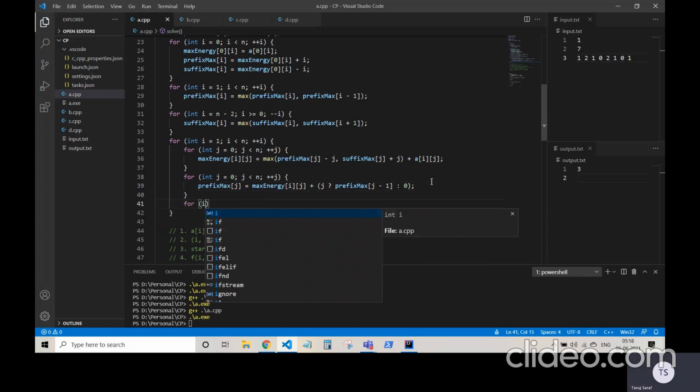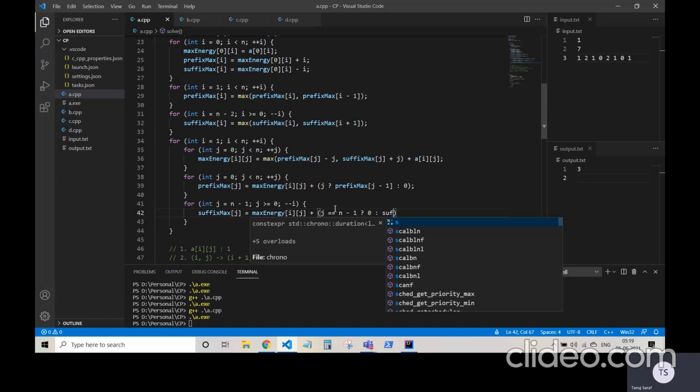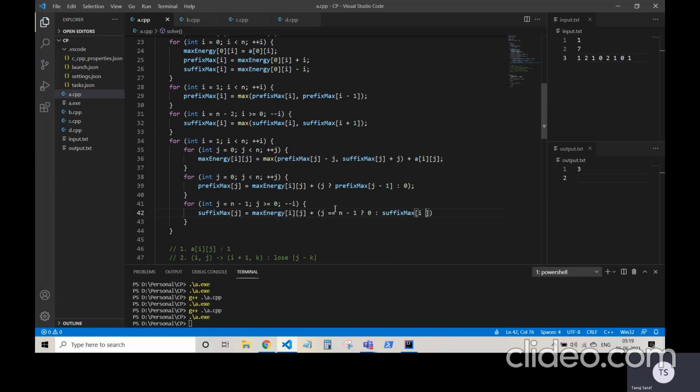And similarly, we want to update the suffix array as well. J is equal to max energy ij plus, if j is equal to n minus 1, then we do not have anything. Otherwise we have to take the value of the suffix maximum of the j plus 1th column.